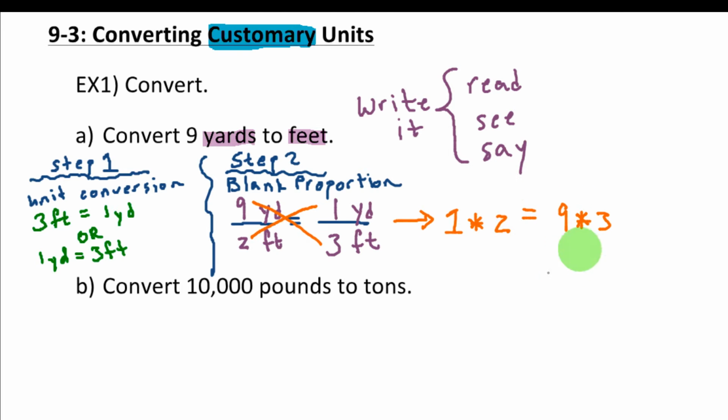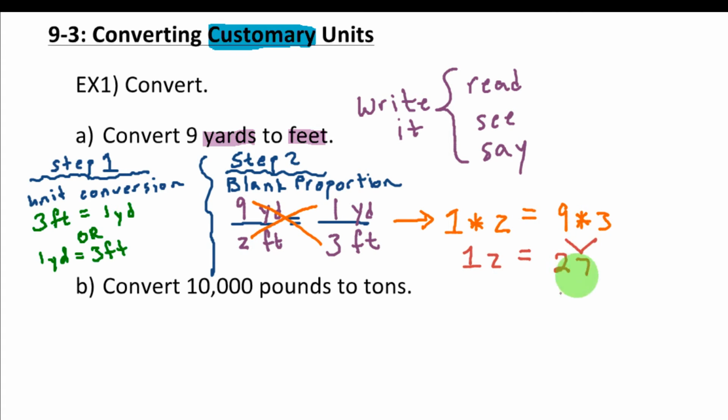Well, I can simplify this. I know that 1 times z is equal to 1z. Basically, it's just hiding that multiplication symbol there. So I'm just going to write 1z for a second is equal to, well, 9 times 3 is 27.